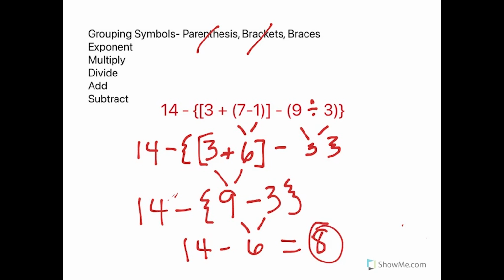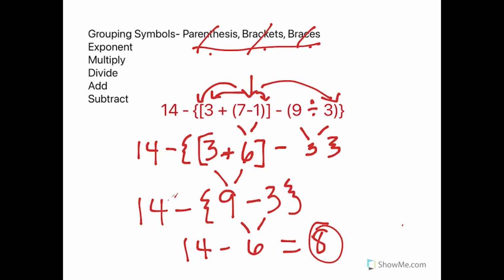So the most important thing to realize when you're doing this is you do the grouping symbols in parentheses, brackets, braces order. So you work from the inside out. So this is the inside, you work to the outside of the brackets, and then you work within that to the braces.